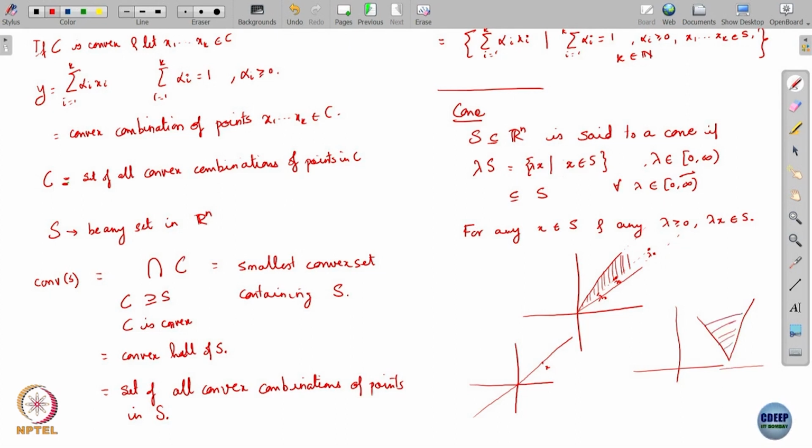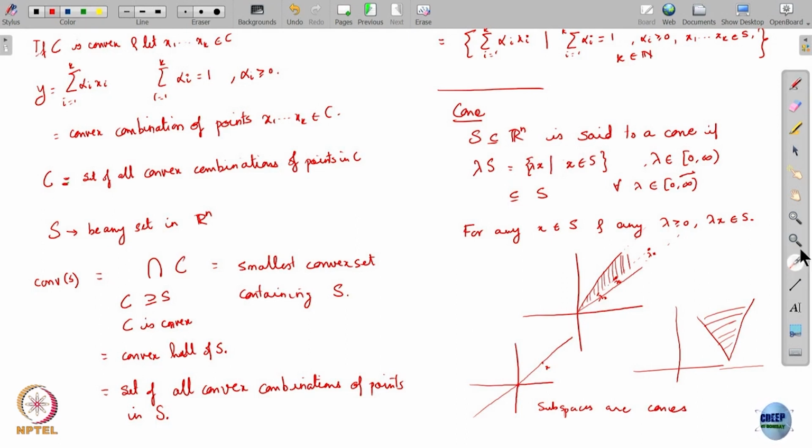So, affine sets, for example, are not necessarily cones because they do not have to pass through the origin, but all subspaces are cones. Okay. So, subspaces are cones, these sort of sets are cones. You do not need to take the full subspace though, because you are not multiplying by negative scalars.